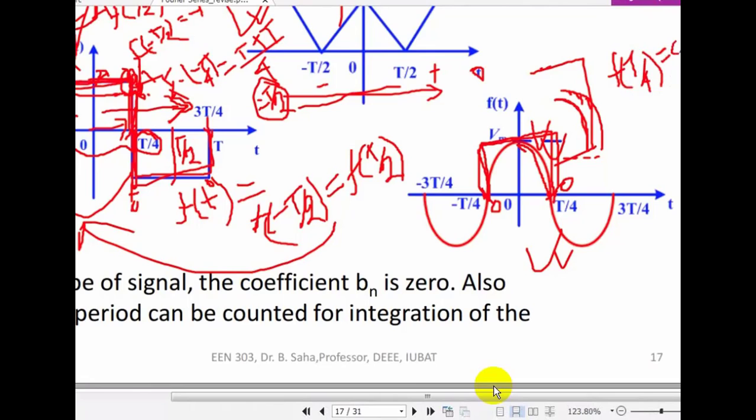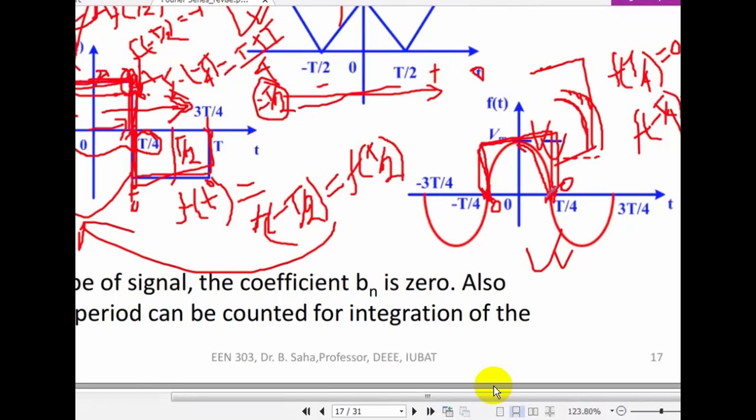f of T by 4 equals 0. f of minus T by 4 is also 0, because this is a crossing point, so the value of f of t is 0.